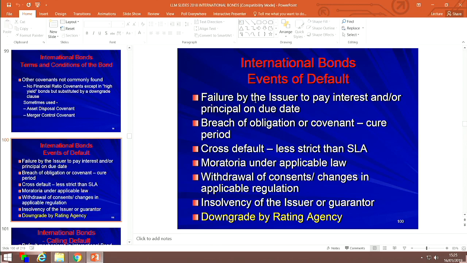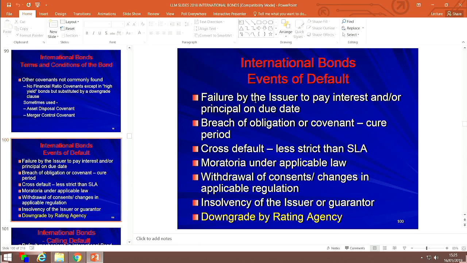That is not the case in relation to the cross-default clause in bond issues. The cross-default clause in bond issues in market practice relates to a default occurring in relation to either indebtedness or bank borrowings or public indebtedness.